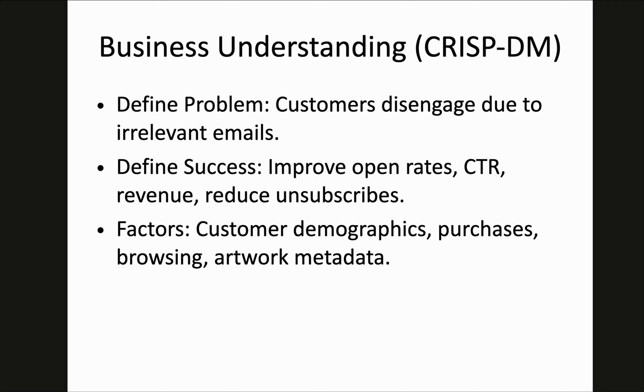Sorry about that. In defining the success, we can say that we are aiming for improved open rates, click-through rates, which is our CTR, increased revenue, and reduced unsubscribe rate, right?